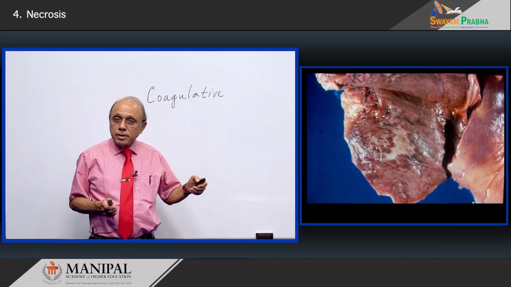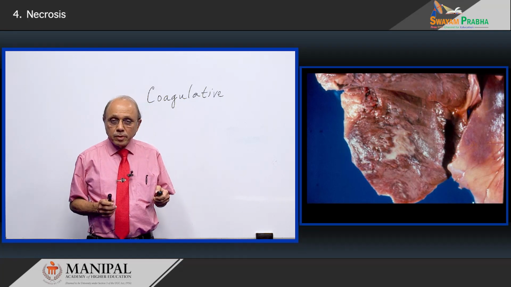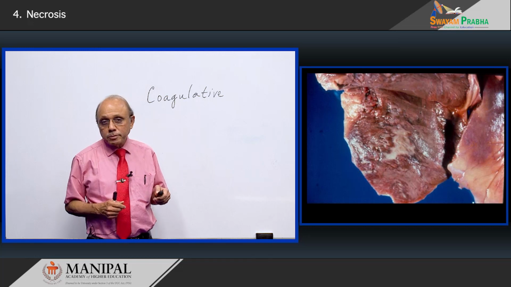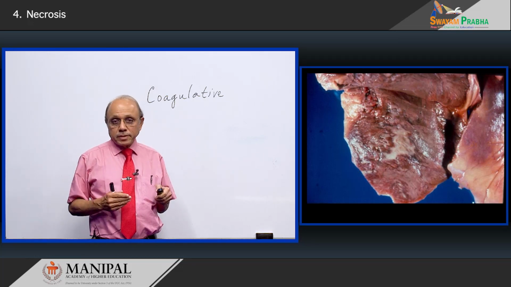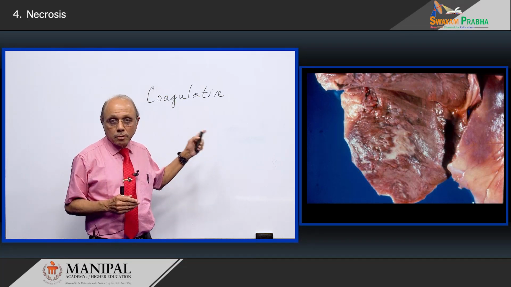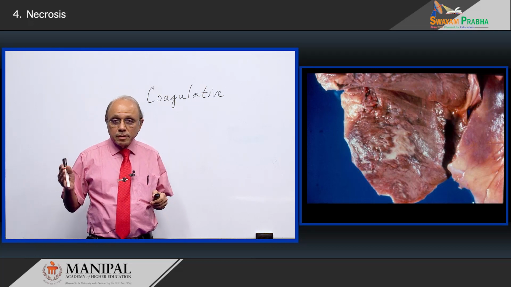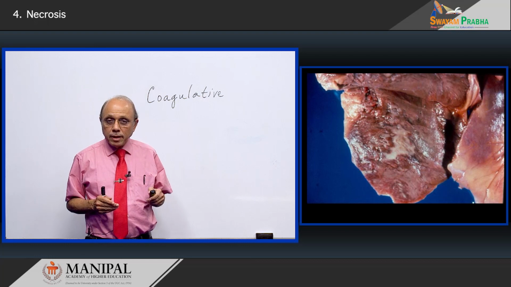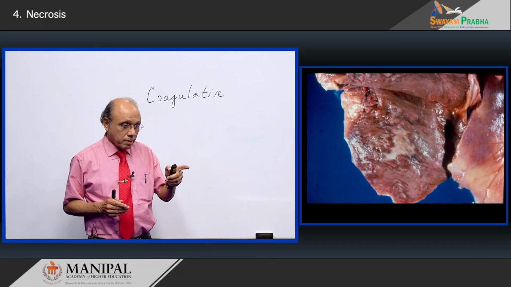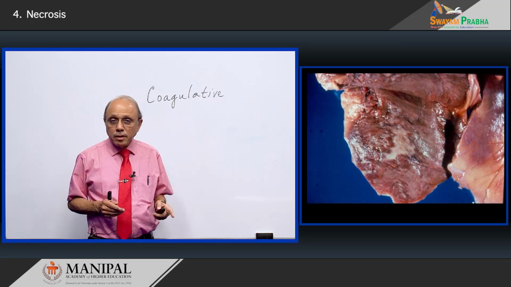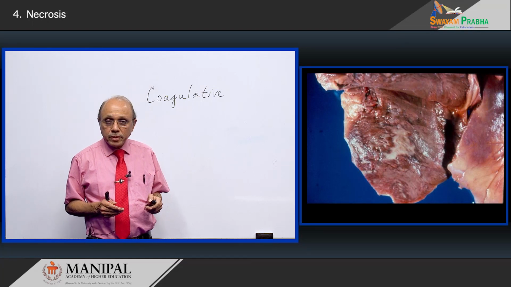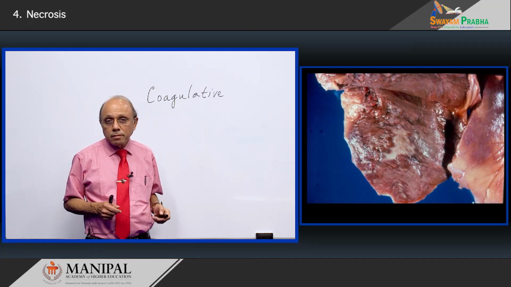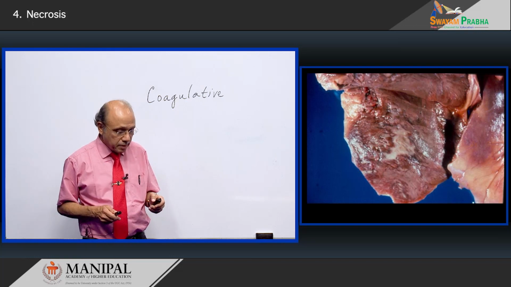The significant morphological aspect, the gross aspect about coagulative necrosis, is that the infarcted area appears pale. The pallor, the apparent loss of blood supply, is seen on the projection slide.